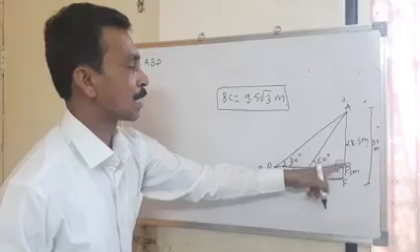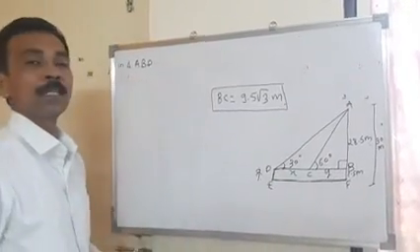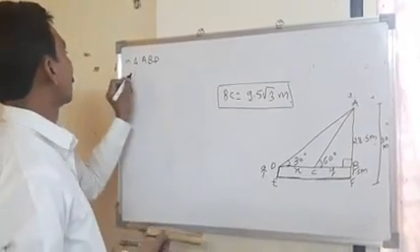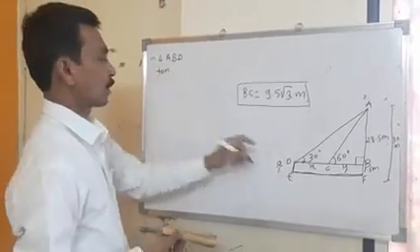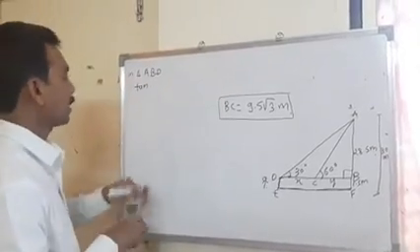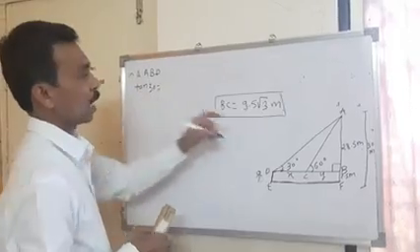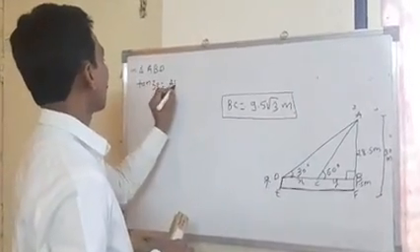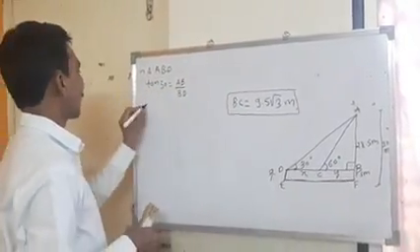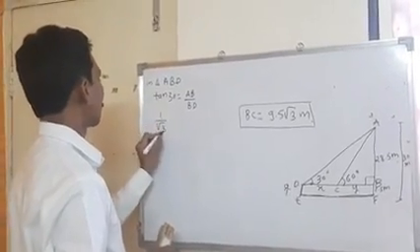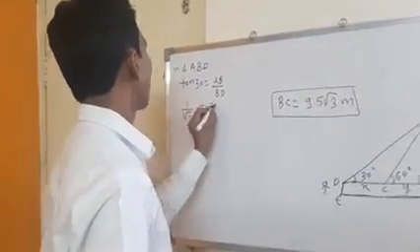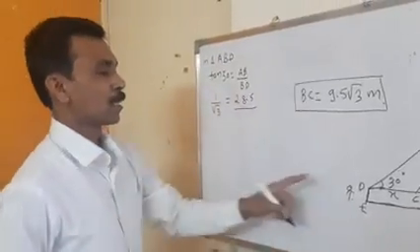So if AB is opposite and BD is adjacent, then it will be tan. What is the reference angle? 30. Tan 30 is equal to opposite, AB, upon adjacent, BD. What is tan 30? 1 upon root 3 is equal to AB, which is 28.5, upon BD.